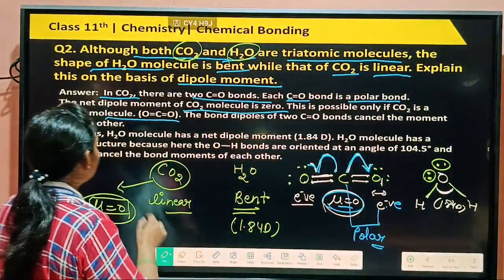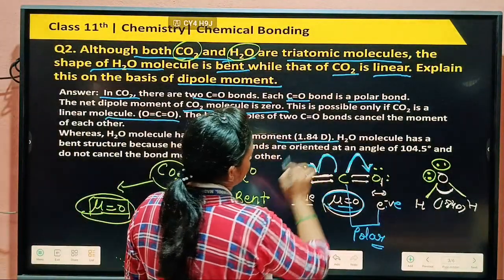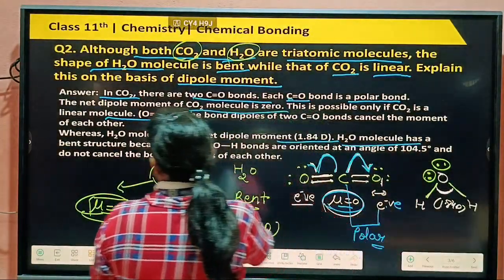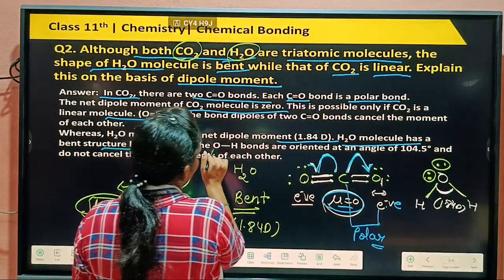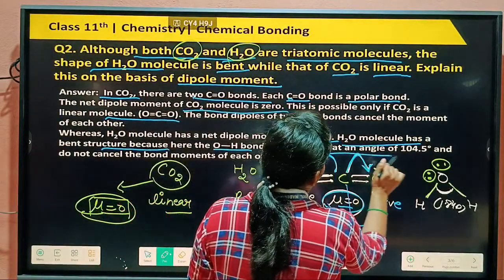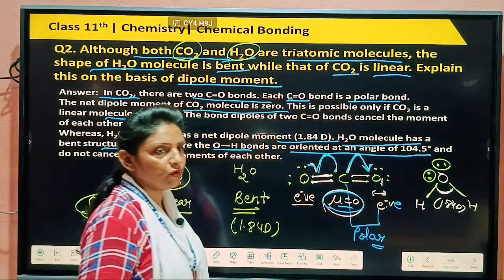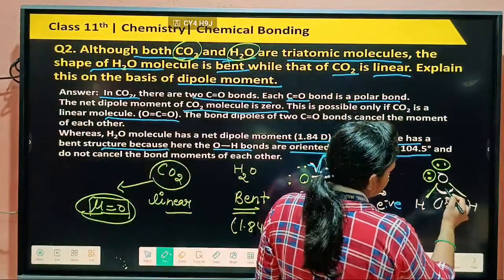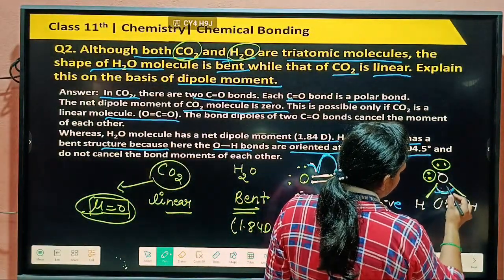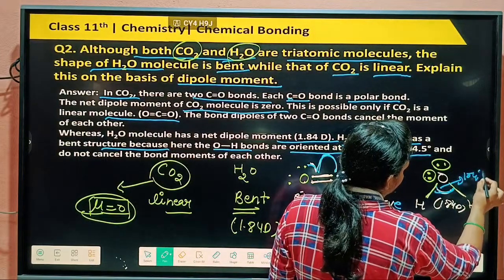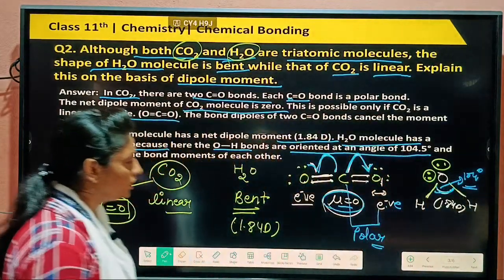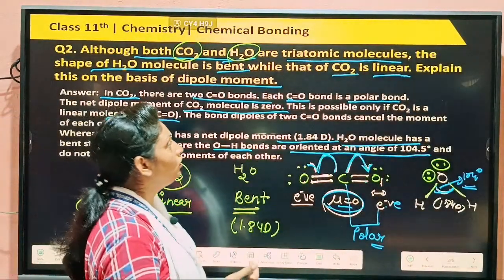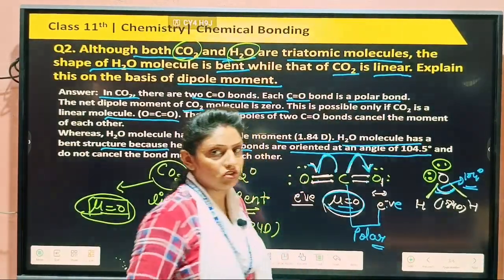But in the case of water, the dipole moment is 1.84 D. The H2O molecule has a bent structure because the OH bonds are oriented at an angle of 104.5 degrees. Why do they have this dipole moment? Because here the bond angle is around 104 degrees. Okay students, so their dipole moments show that CO2 is linear and water has a bent structure.